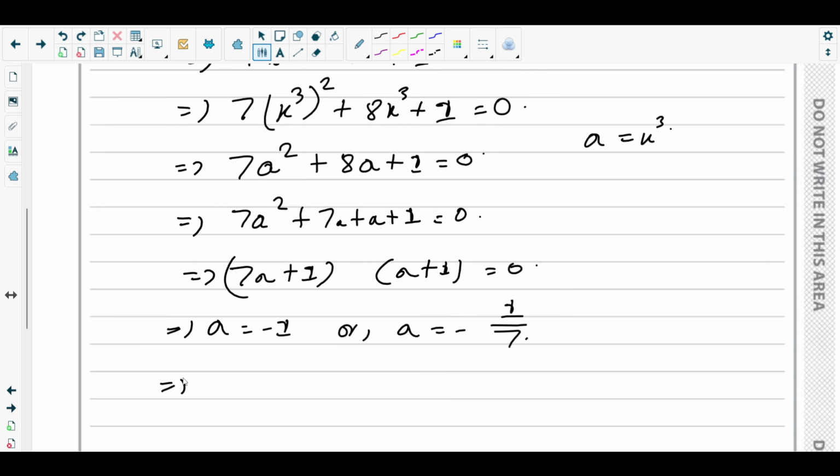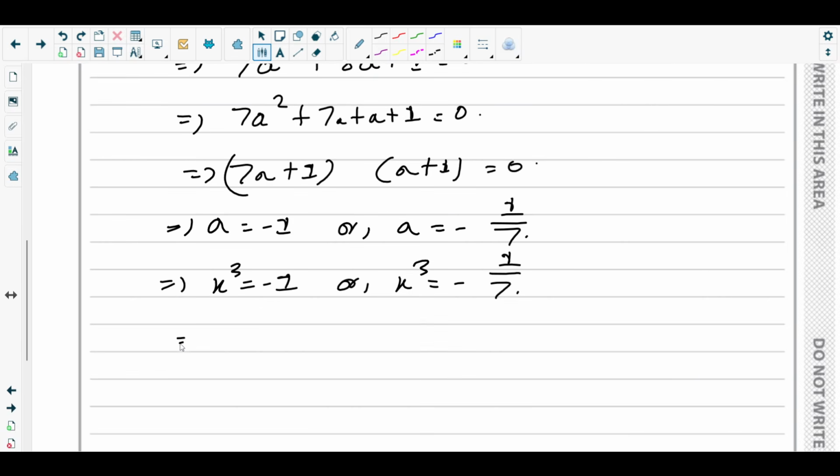Now retrieve the value of a, because we supposed earlier a equals x cubed. So if you retrieve the value, you will get x cubed equals -1 or x cubed equals -1 over 7.